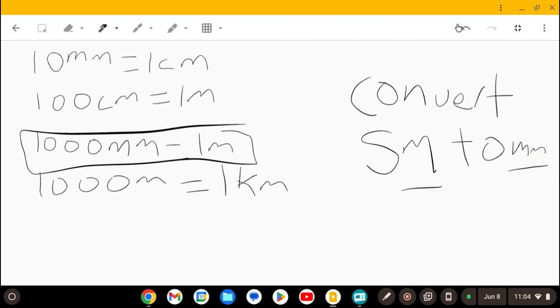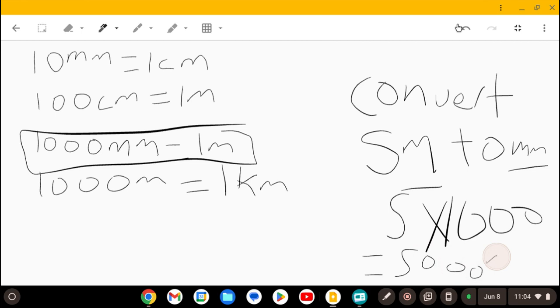Meters are bigger than millimeters, so we're going from a larger unit to a smaller unit, and we're going to multiply by 1000, because 1000 millimeters make a meter. So 5 times 1000 is going to give us 5000 millimeters. So 5 meters to millimeters will give us 5000 millimeters.